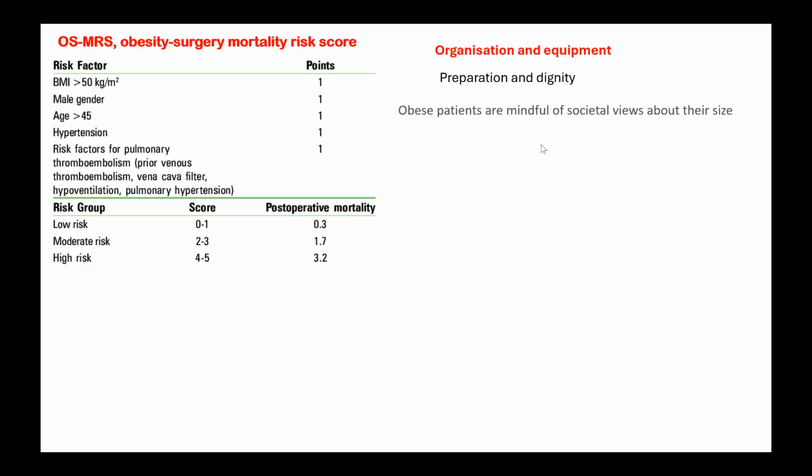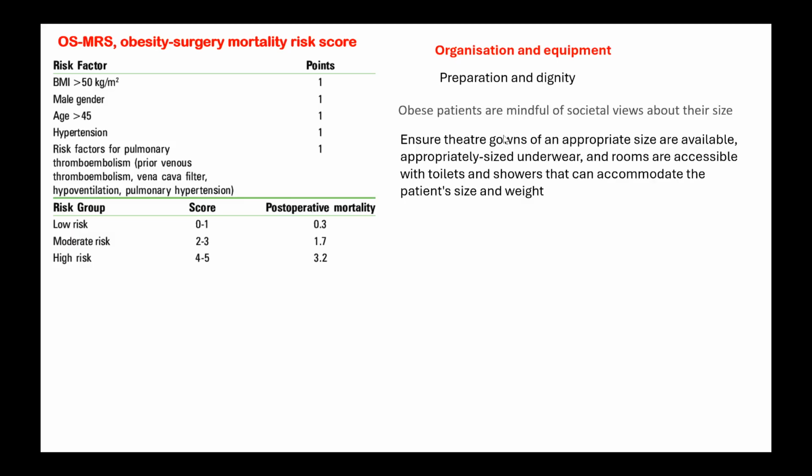So they may have sort of low esteem in their mind, and ensure theater gowns of an appropriate size are available, and appropriate size underwear and rooms are accessible with toilets and showers that can accommodate the patient's size and weight. Okay? Many times when they go to the restroom, there are instances where the toilet seat is broken and they are caught, they are not able to get up. So this sort of thing should not happen.